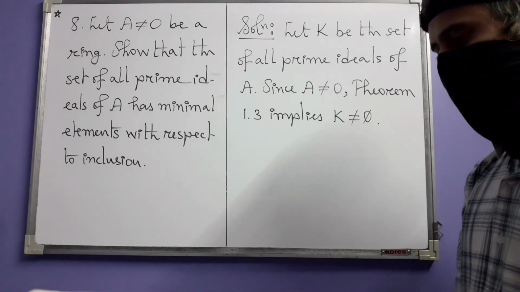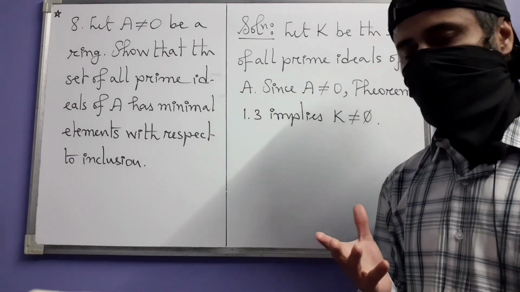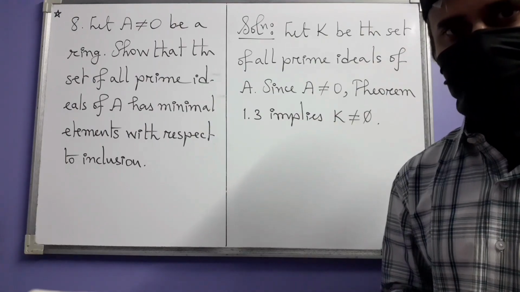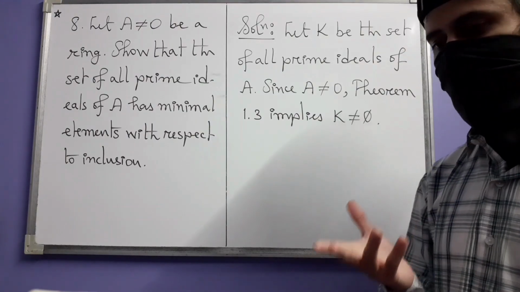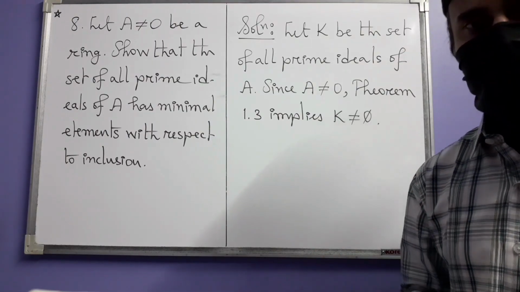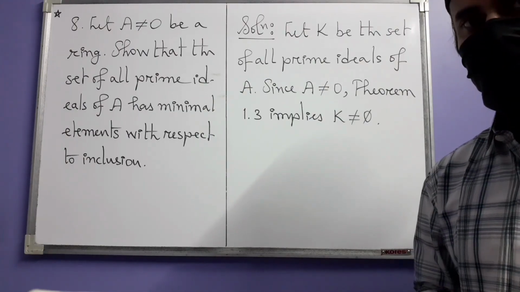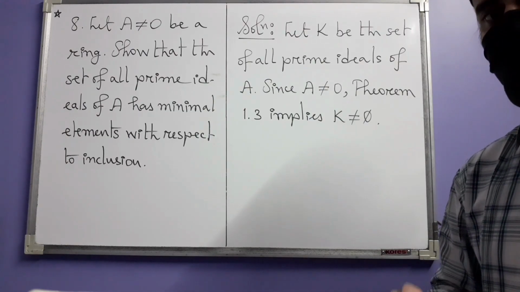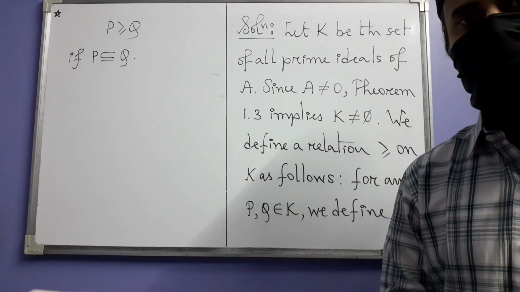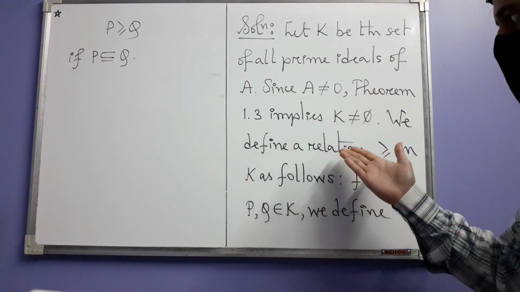Now it seems that we should use Zorn's lemma here. However, Zorn's lemma gives us maximal elements, not minimal elements. So what can we do? We can still apply Zorn's lemma but with a trick. And that trick is this.